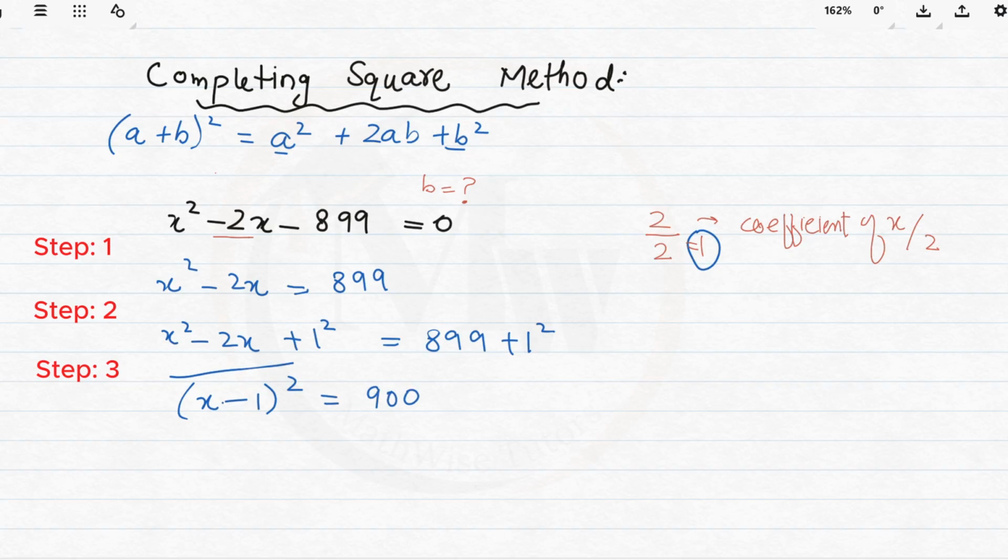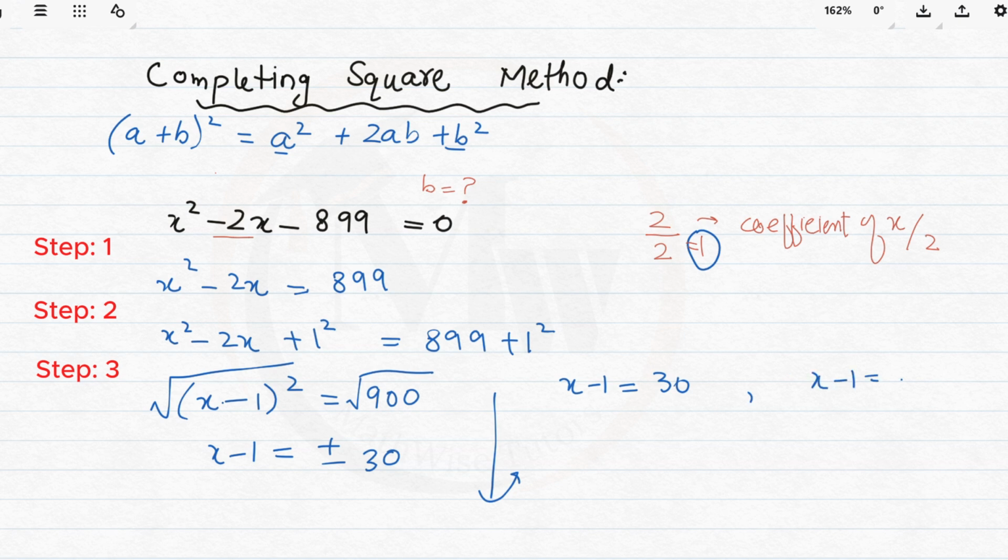Now the next step is we have to take the square root on both sides because we want to find the x value. So x minus 1 will be equal to plus and minus 30. Now to find both values of x, first we take the positive 30 and then we take the negative 30. So x minus 1 is equal to 30 and x minus 1 is equal to negative 30.